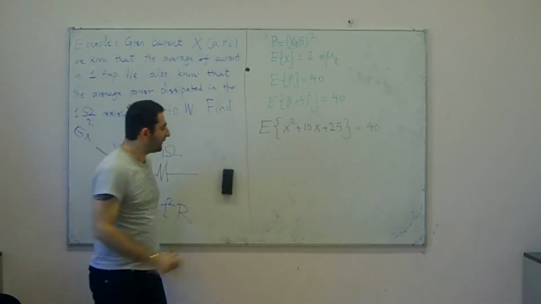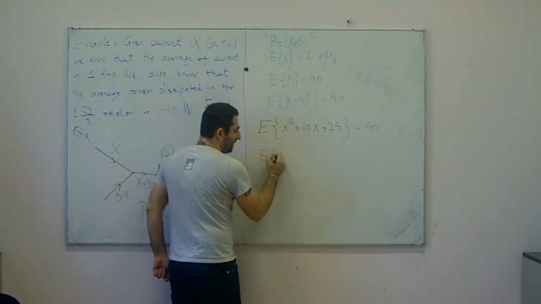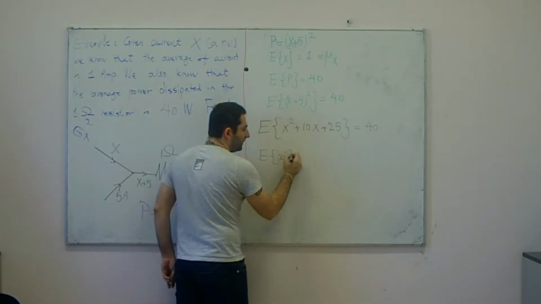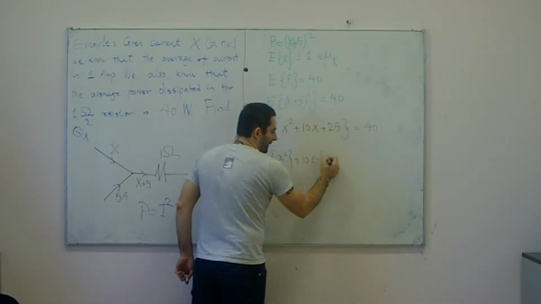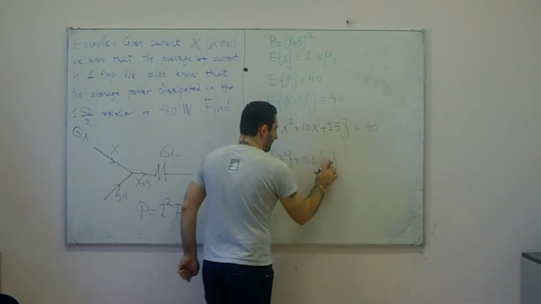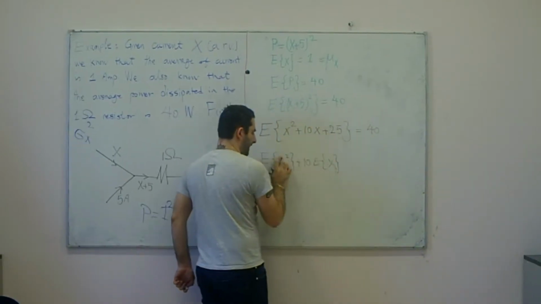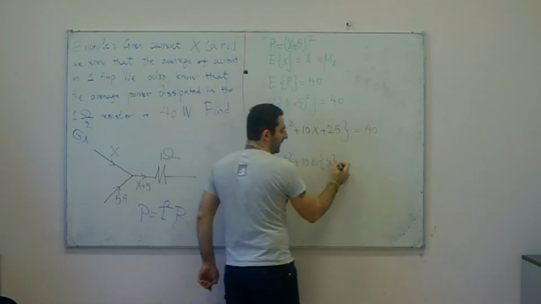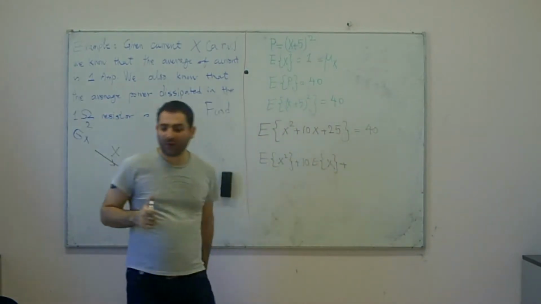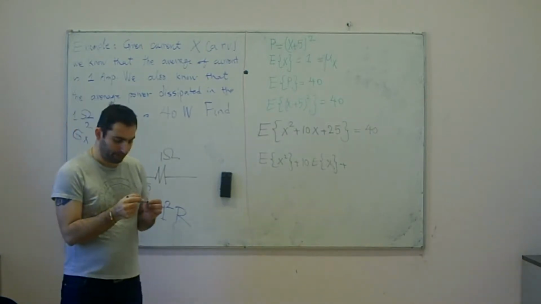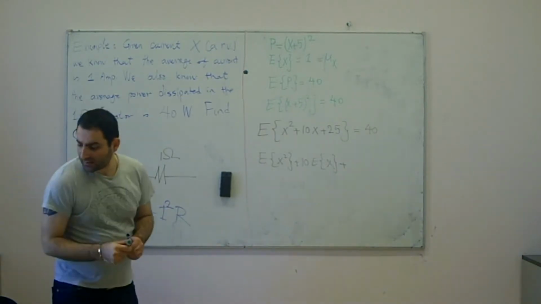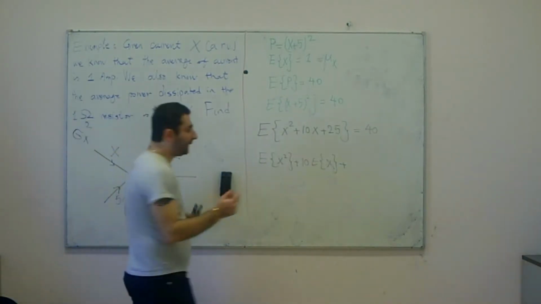From last week, we remember this is E of x squared plus 10 E of x plus E of 25. What is the expected value of 25?